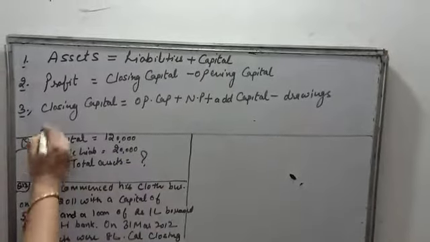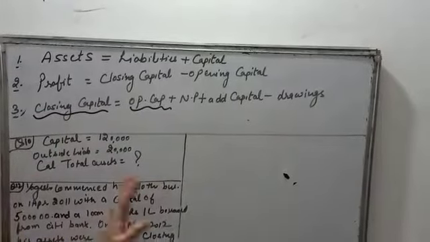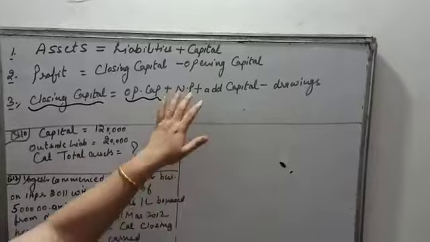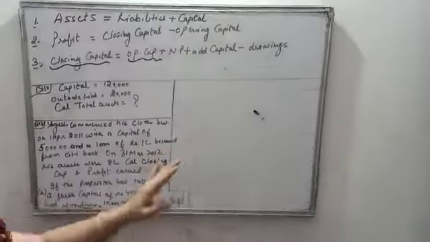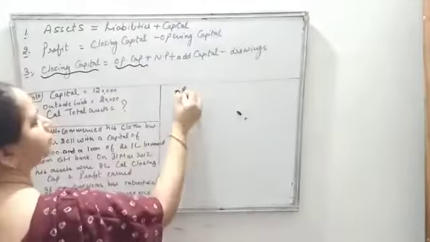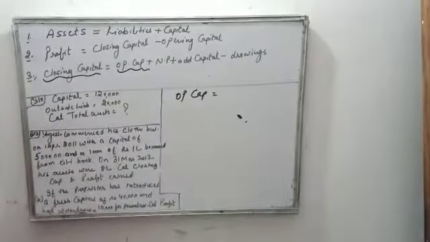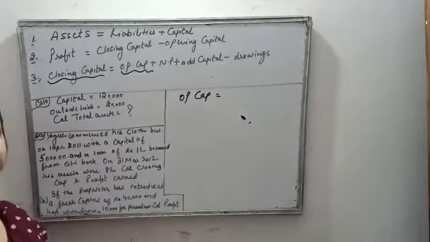Now what are these closing capital, opening capital? Just listen to this concept clearly, then this formula will be clear to you. So firstly, opening capital. Opening capital means the money introduced by the businessman into the business in the starting.